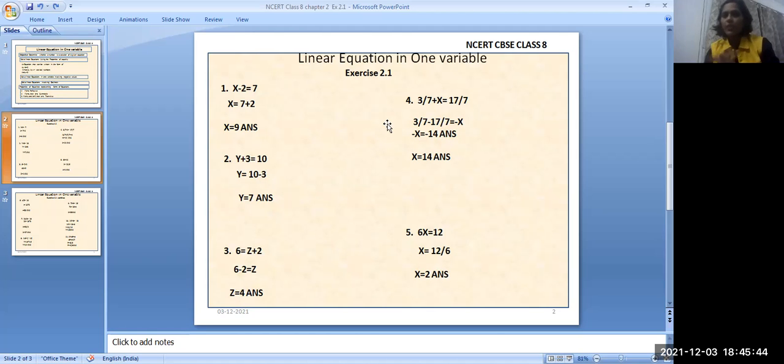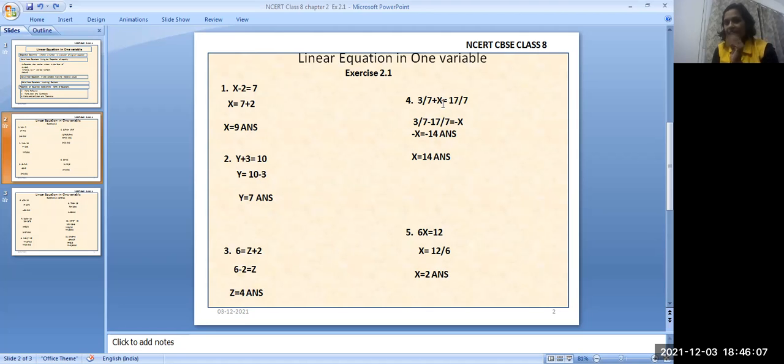Now, let's start with question number 4. In this, the variety of question has changed from a numerator-denominator type plus a variable is equal to a numerator-denominator type. That is a rational number. So again, you can see this is a rational number plus a variable is equal to again a rational number.